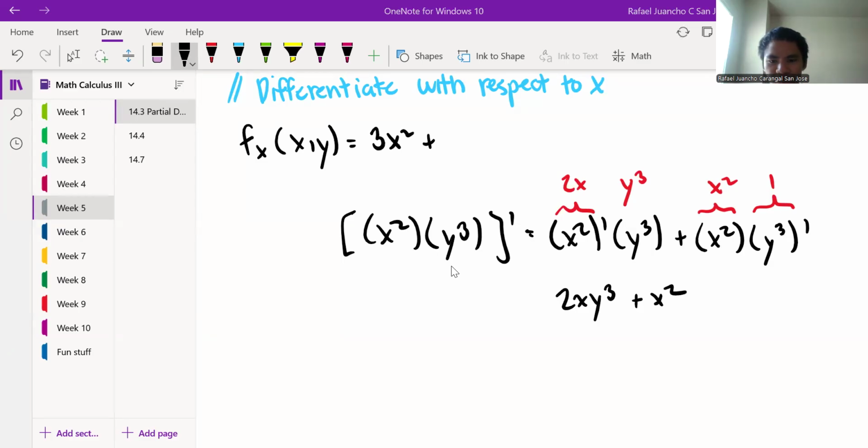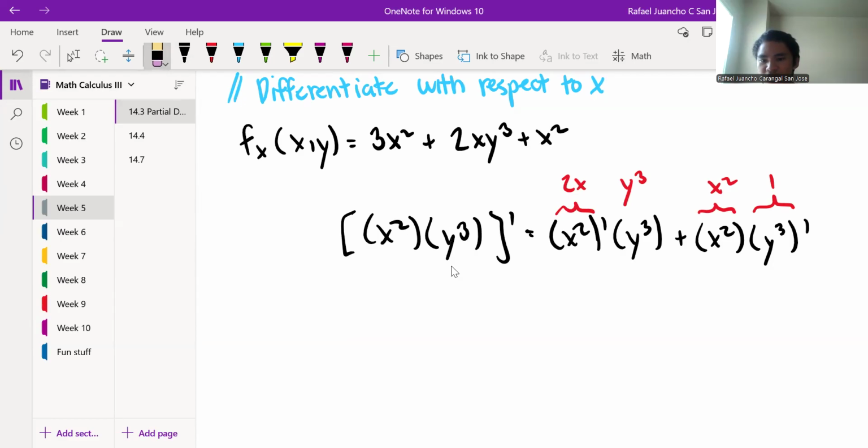And I hope I got that one right. Let me double check. Okay, apparently it didn't, so that's funny. Let me see. So 2x y cubed plus x squared. Let's see if we got that.